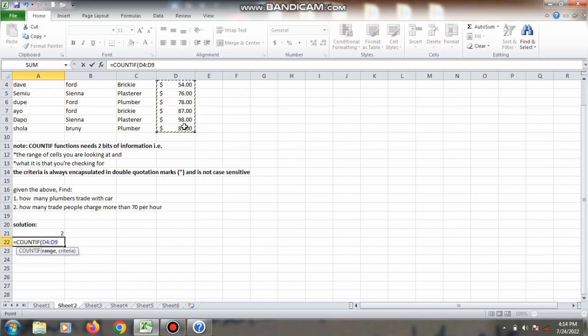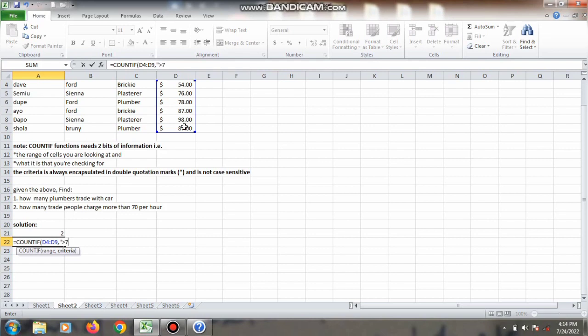This is my range of cells, with a comma. Then we go to the criteria. What is the criteria? More than 70. More will make you use the greater than symbol. So we use our greater than symbol, then 70.